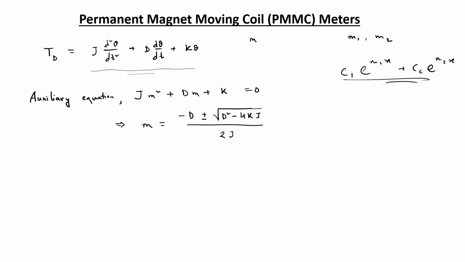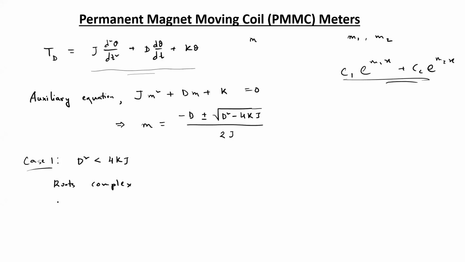So we can consider three cases for the time being. Case one: what would happen if D square is less than 4 into K into J. If that is the case, then the roots are going to be complex in nature, and they are going to be in the left half of the S-plane.